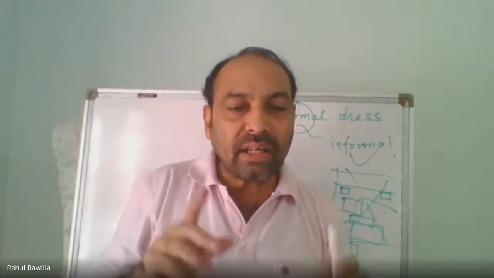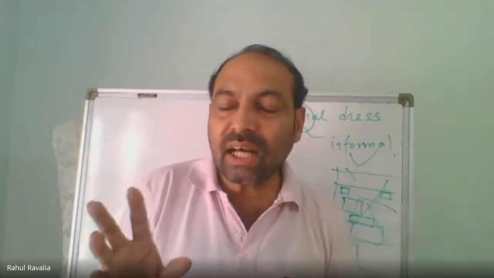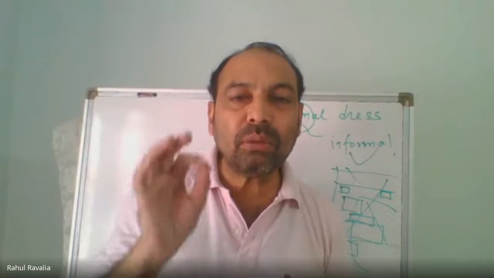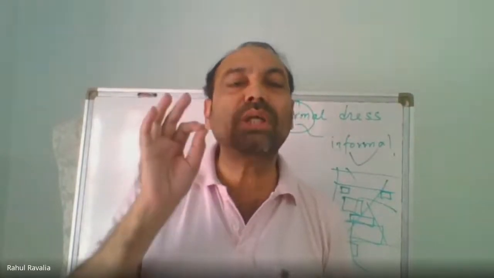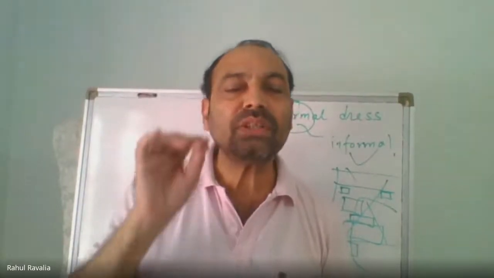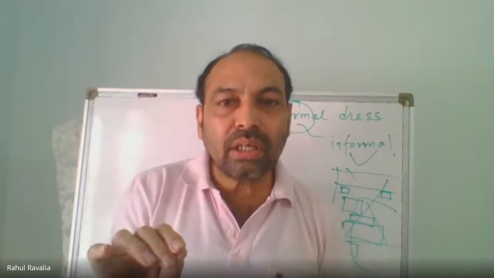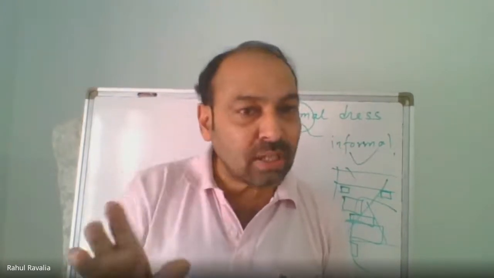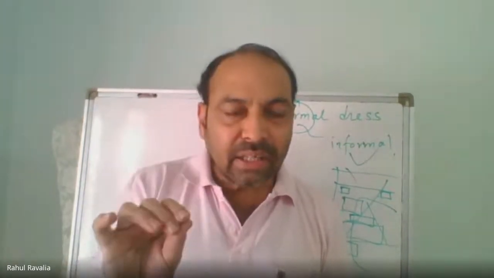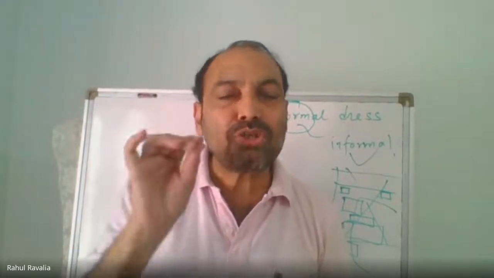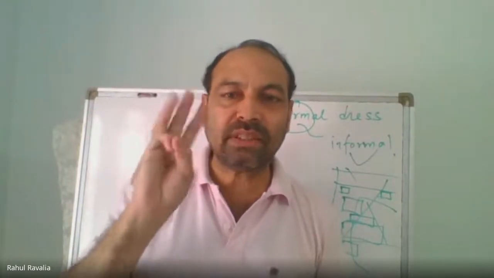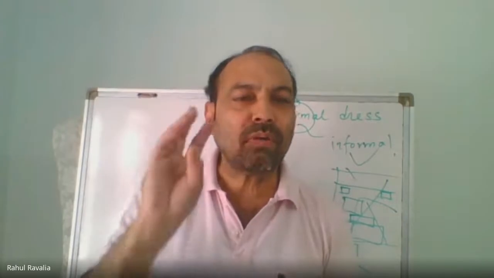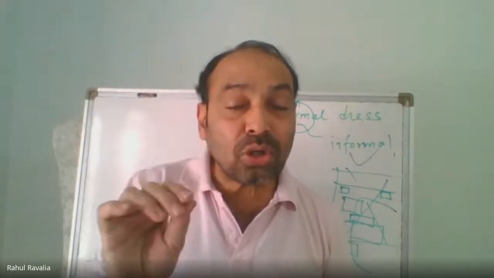I am explaining this to you etymologically. And as Sandhya said, formal means the color should not be too catchy, the stitching should not be too fashionable, and it should be suitable to the occasion. Three things you have to remember. One, the color should not be too catchy.